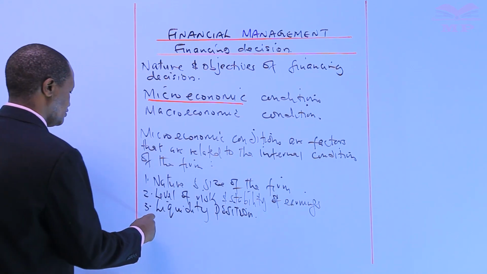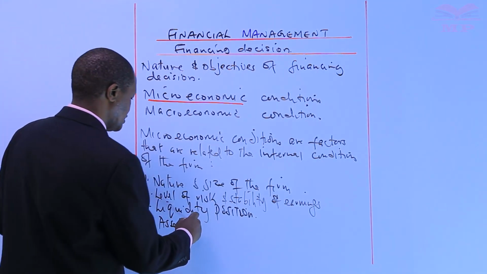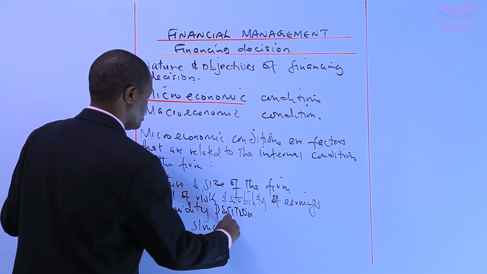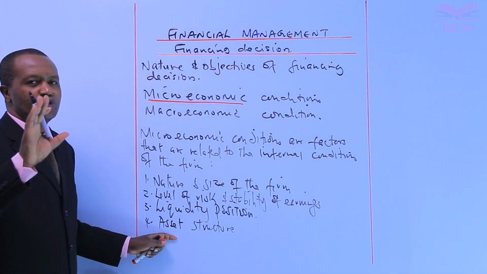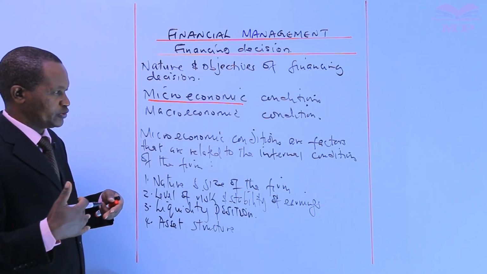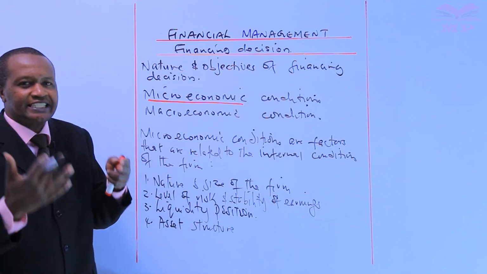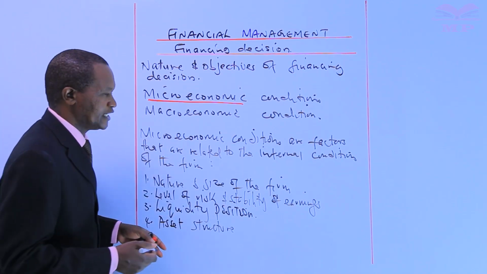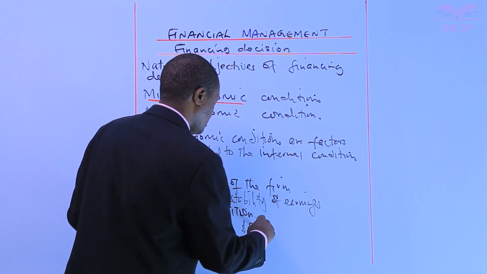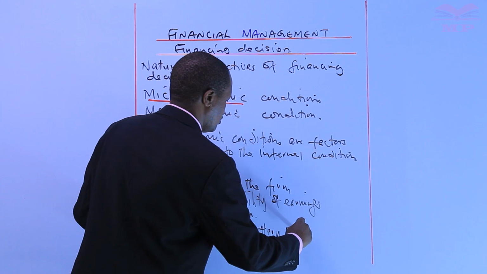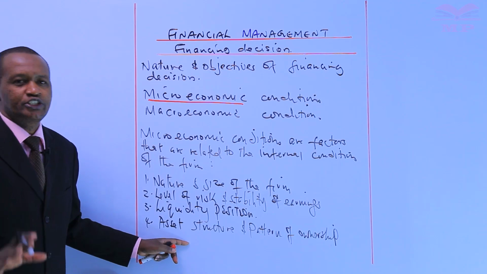Asset structure. Number 4, asset structure is an internal condition. The asset structure of a farm is also an internal condition, as well as the pattern of ownership.